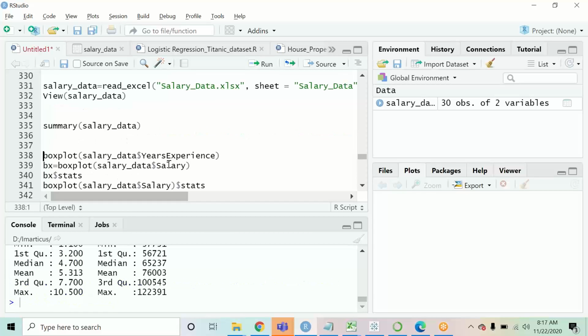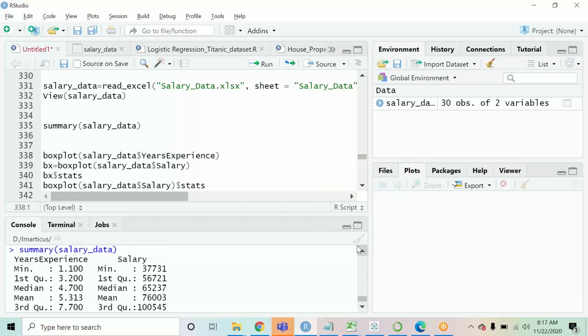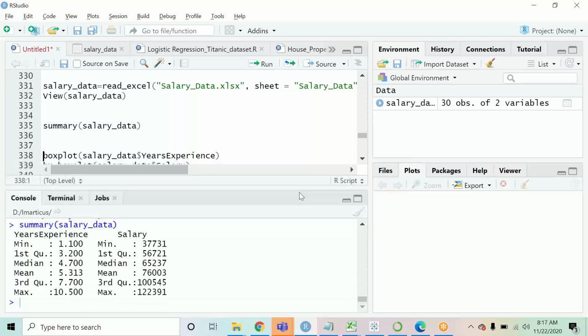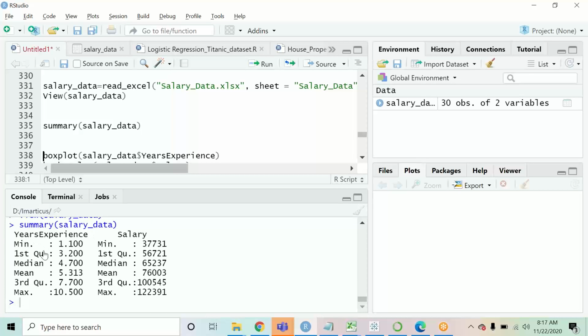We check the summary. Why do we check the summary? In order to quickly make sure if we have any missing values, and we can take a quick look at the mean and median. This is just a small data set with two variables, so we can see a quick summary of both variables here.